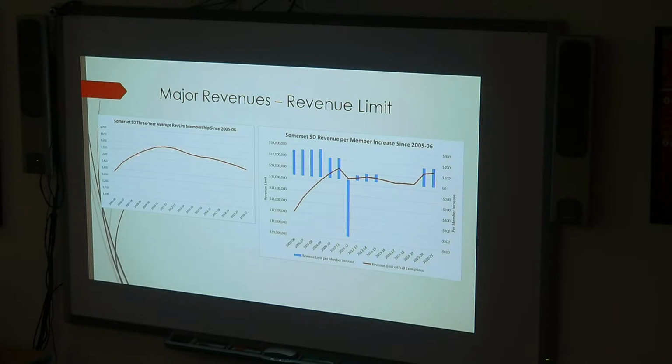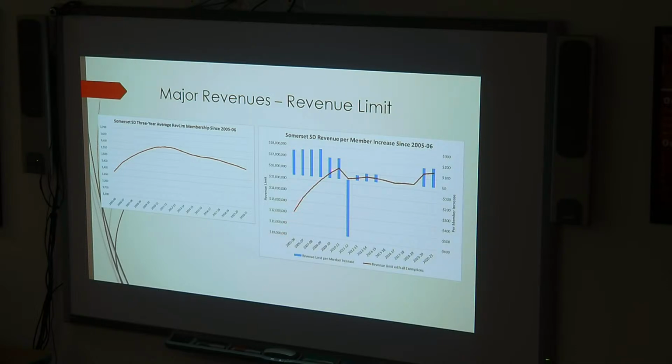You can see it's smooth, just like we saw on the website. It's not as choppy year over year, up and down. Now here, the red line is the total revenue limit. So again, keep in mind that these charts are truncated. The amounts on the bottom are not 0.